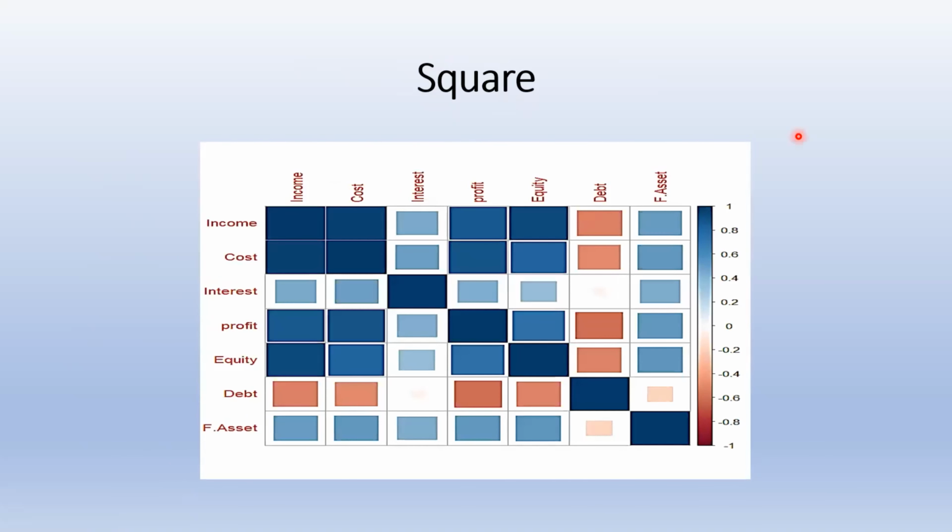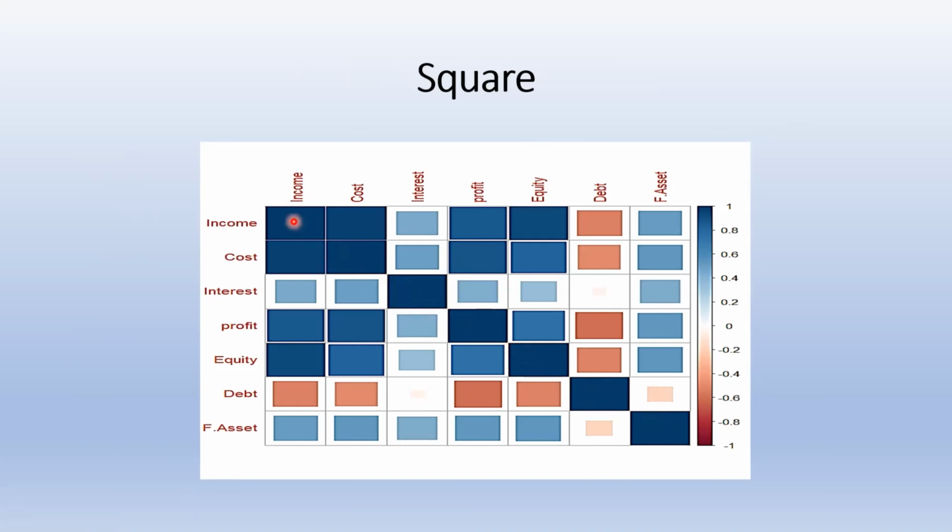Similar to the circle, we have to interpret the squares. The area of a square shows the absolute value of the corresponding correlation coefficient. So you can find in this range the full square, and the color of the square is dark blue.